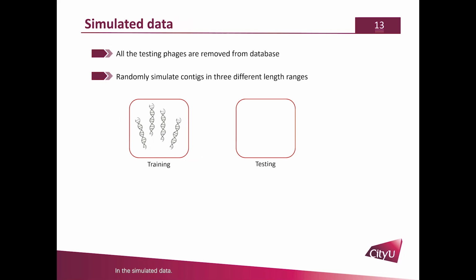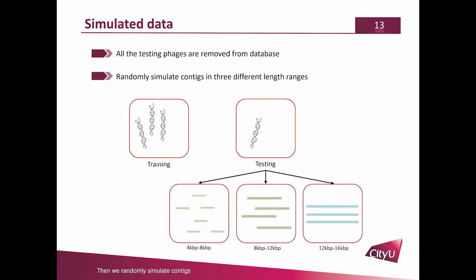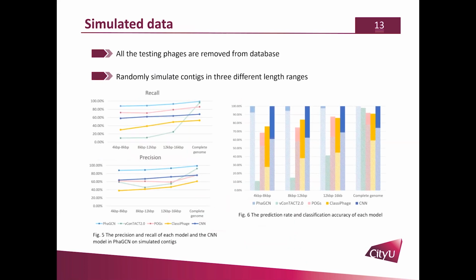In the simulated data, all the testing phages are removed from the dataset, so we can treat them as new phages. Then, we randomly simulate contigs in 3 different length ranges. The results shown in figure 5 reveal that with the increase of the length range, the performance becomes better. This is because we have more information from the longer contigs.